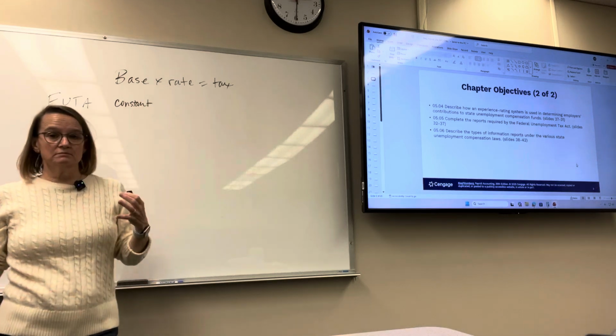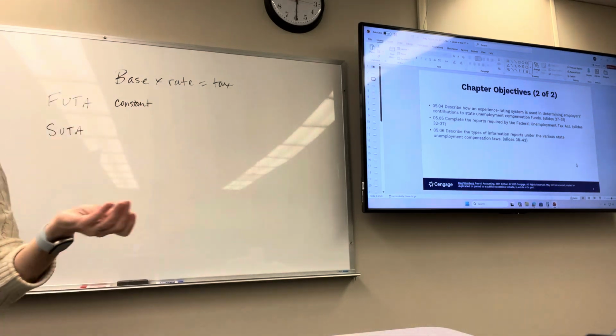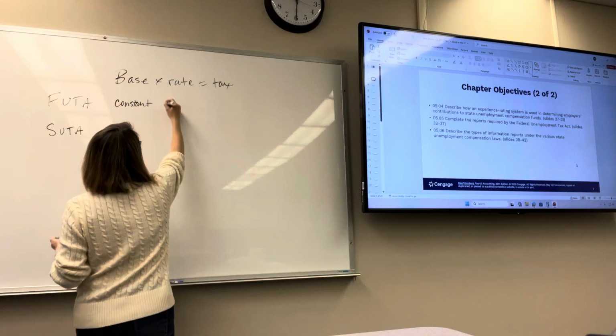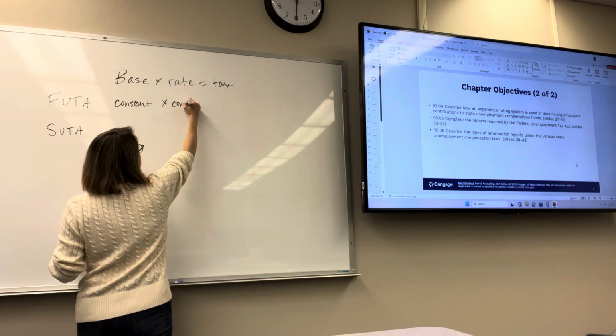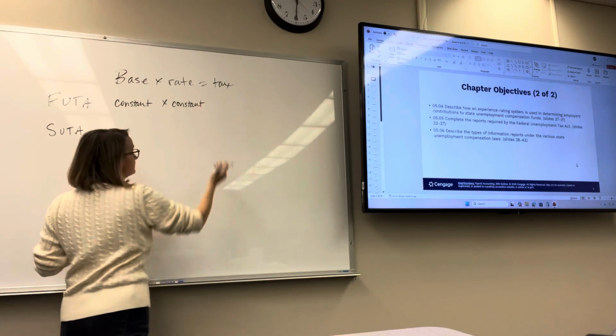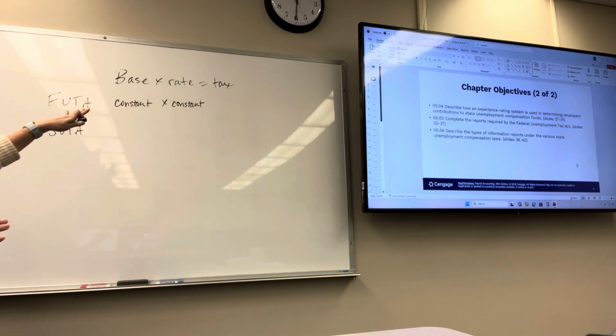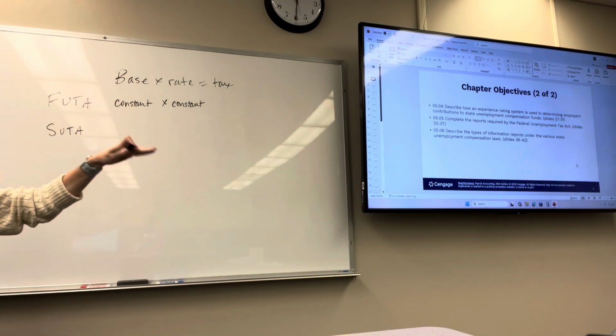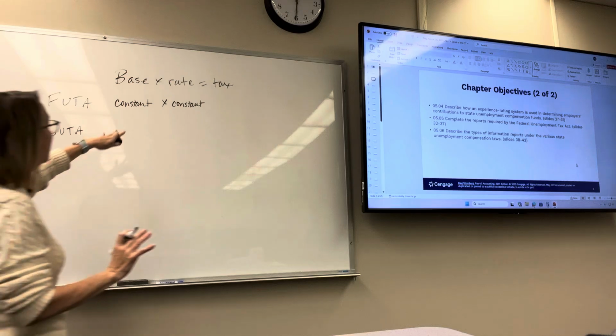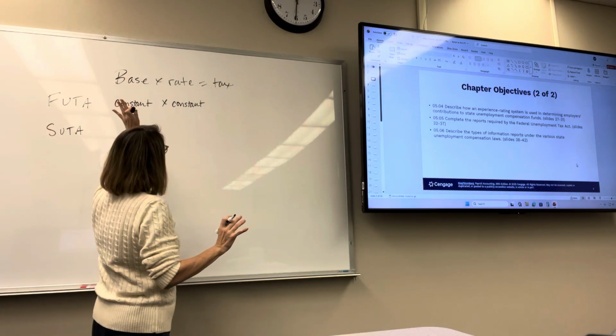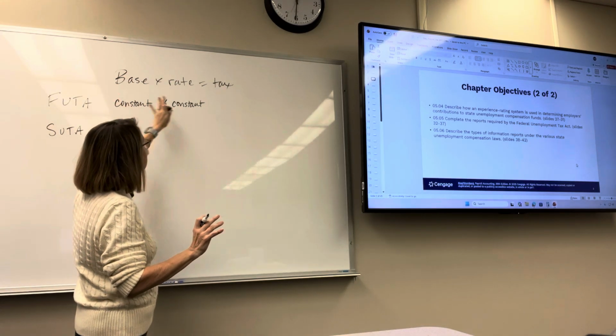One base that we're going to use for all of our employees, and our rate is also constant for each of the employees. So it's pretty simple to grasp there. It could vary a little bit if we have a credit reduction, but for the most part, it's pretty easy to determine our base and our rate.